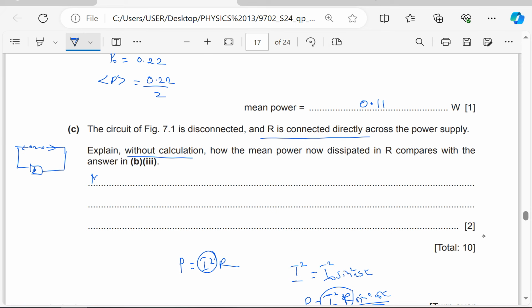So I will say the mean power is independent of the current direction since it depends on the current squared.